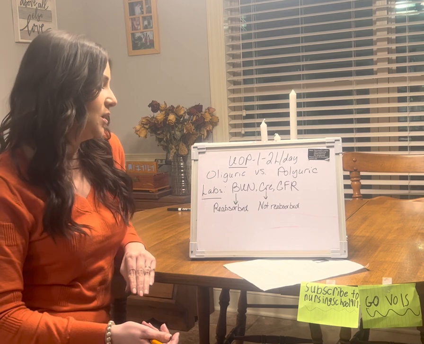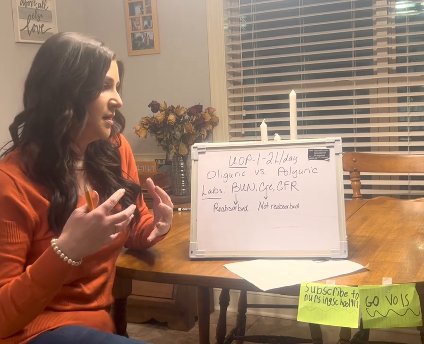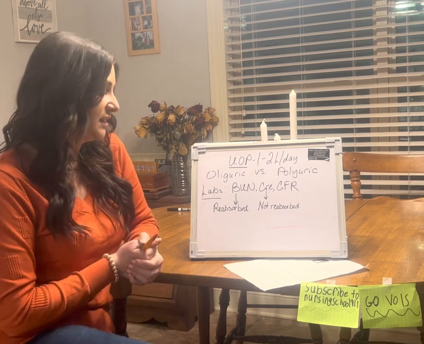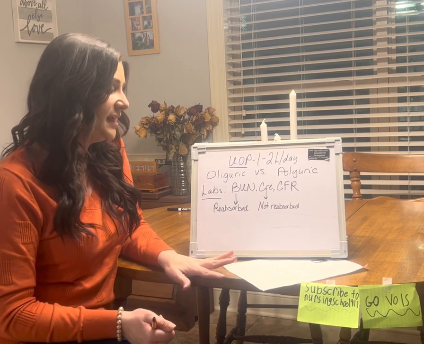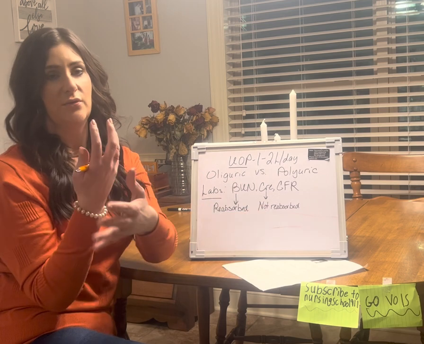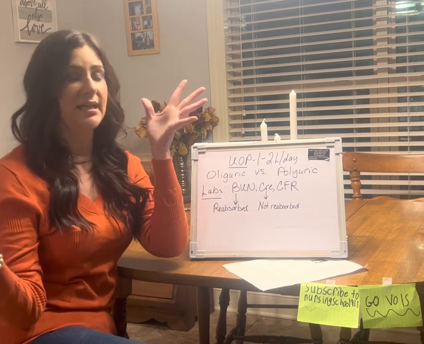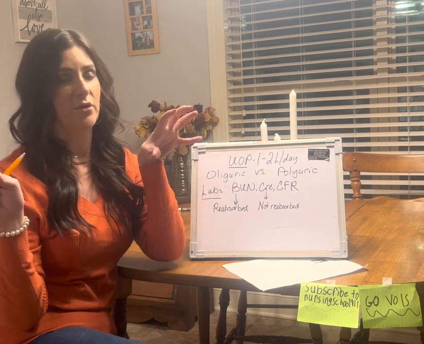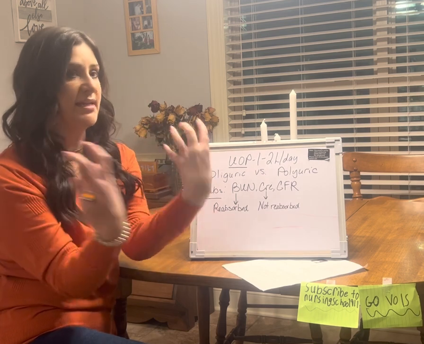All right, so let's talk about the oliguric stage and what we're going to see. So we're going to see general signs and symptoms, just the conglomeration of manifestations that we see in this stage, all of which is referred to as uremia or azotemia.